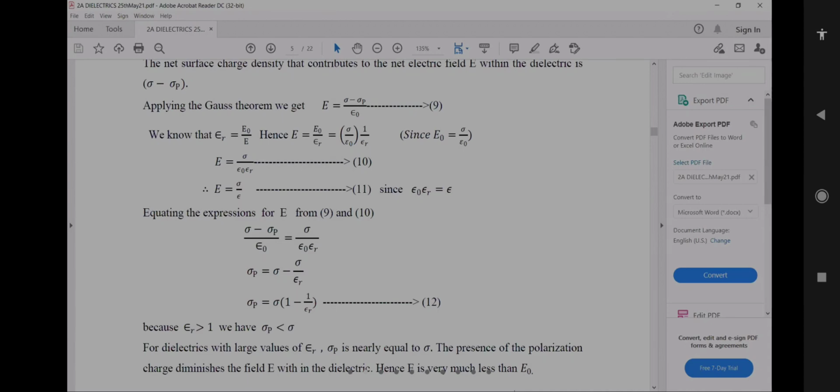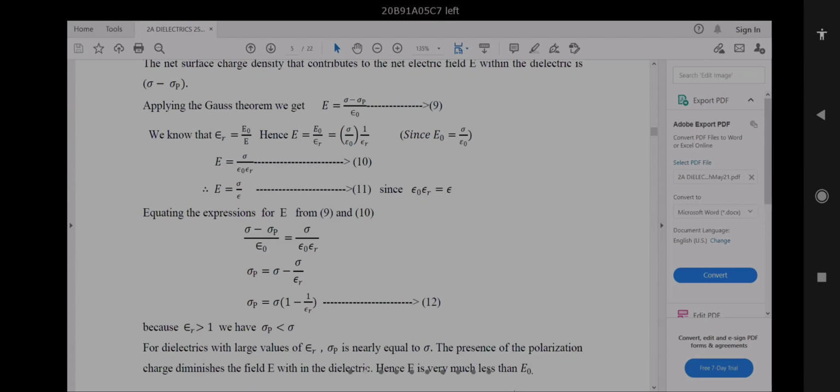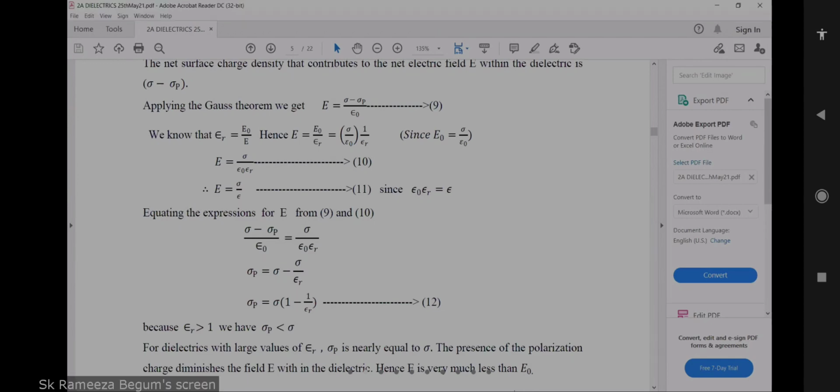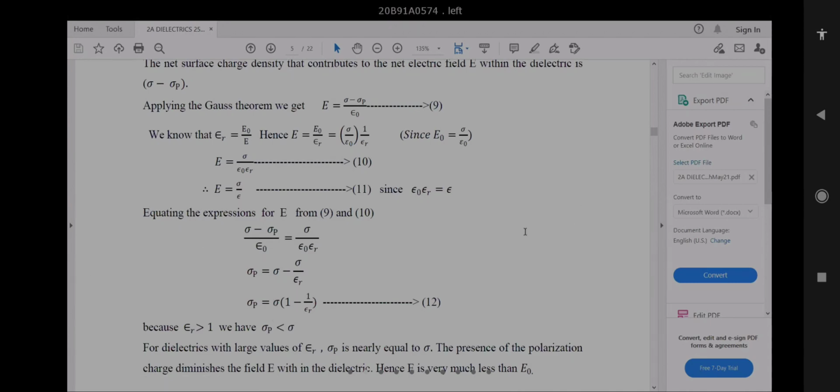Due to the induced charges in the dielectric material, an electric field E_i is induced, and the net electric field is very much less than E naught. That is about induced charges.